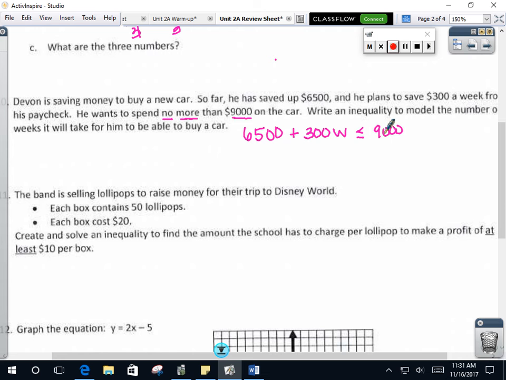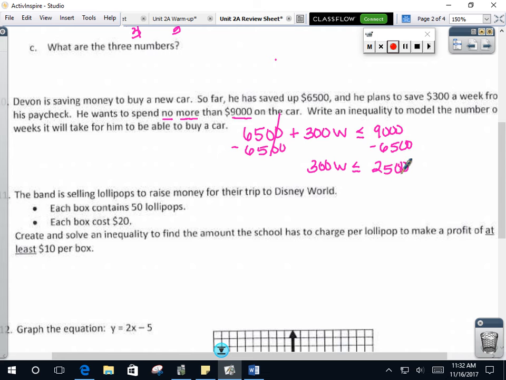Now what do we do to figure out how many weeks it will take him? Subtract that, because that's basically subtracting off the money he already has saved, because we're trying to figure out what he needs to save or how many weeks it will take him. So now if you subtract off what he already has saved, it'll tell you how much he needs to save, which is right.